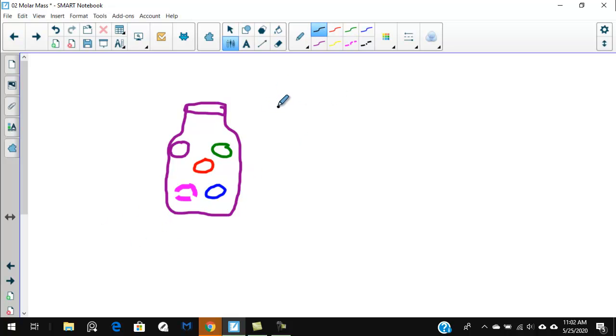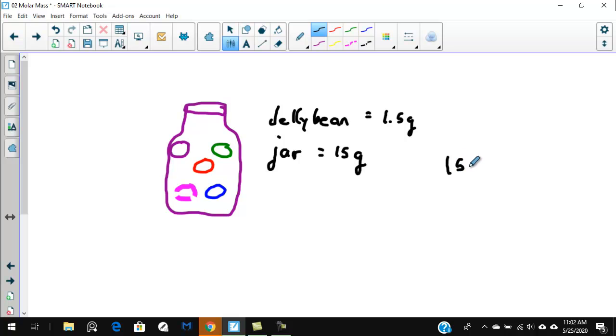If we knew that one jelly bean had a mass of 1.5 grams, and that the jar of jelly beans, let's make it easy, had a mass of 15 grams, most of us could see that we take the 15 grams and divide it by the 1.5 that goes for each jelly bean, and we get a total of 10.